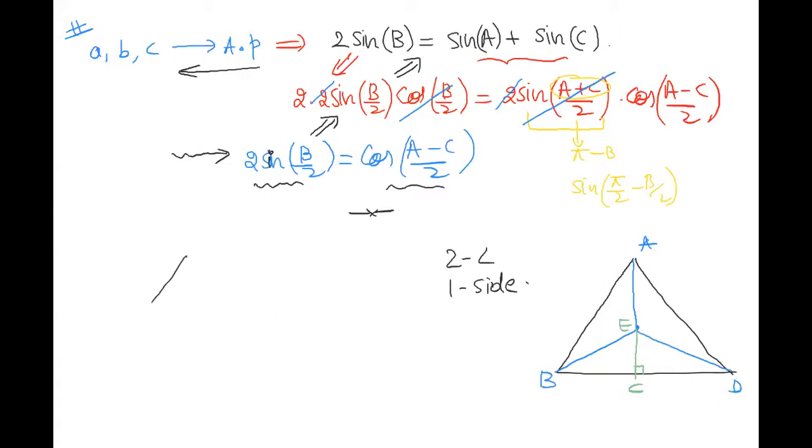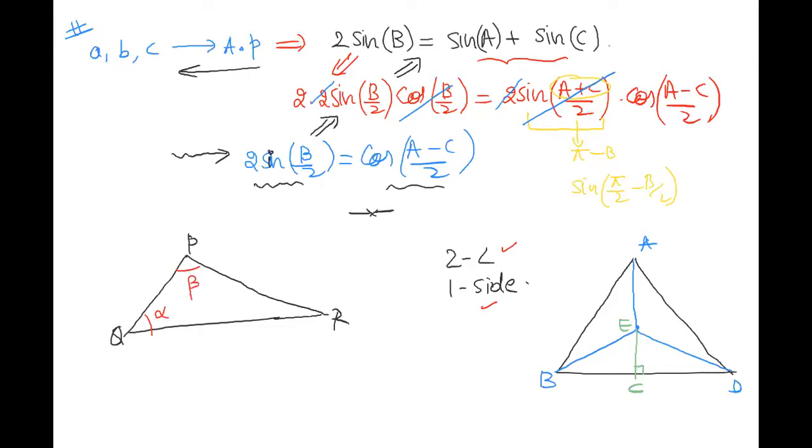How to apply the sine rule? Suppose this is a triangle PQR, one more triangle. In this, I need to apply the sine rule. So what I said, two angles and one side should be known. Suppose this is angle alpha and this is angle beta.